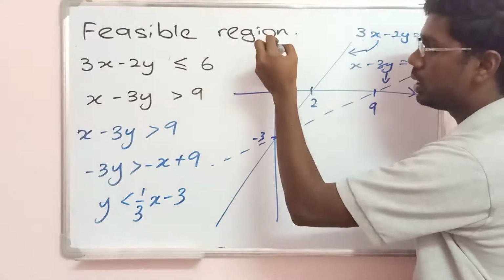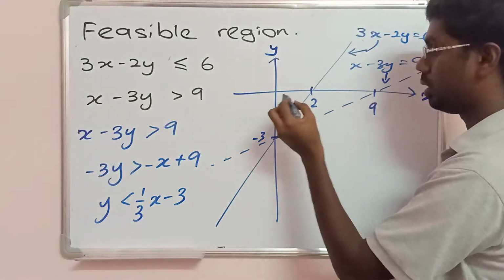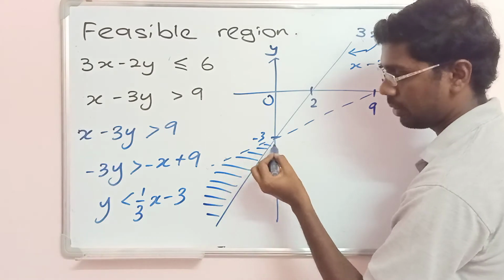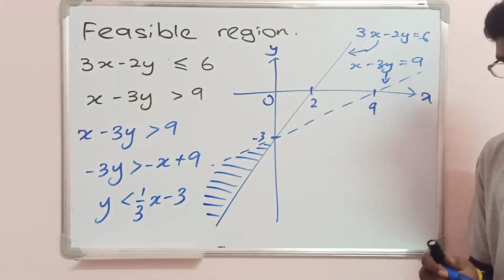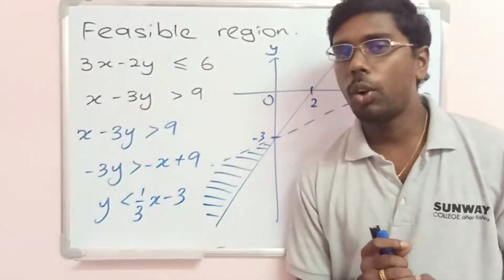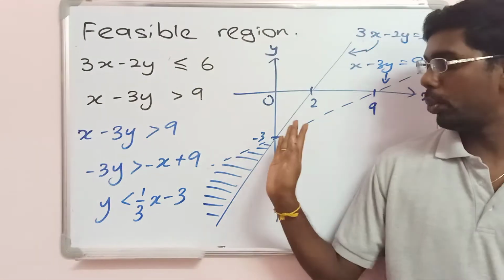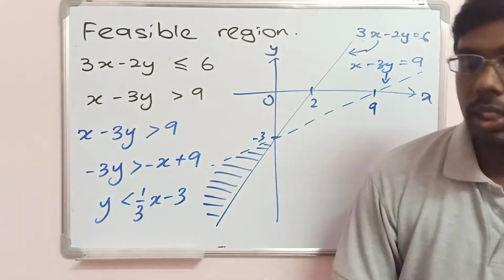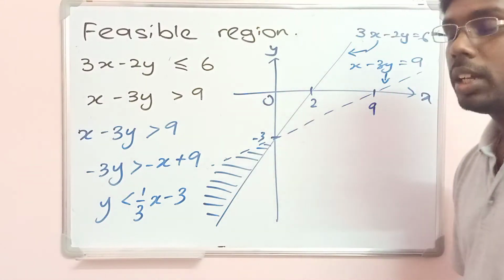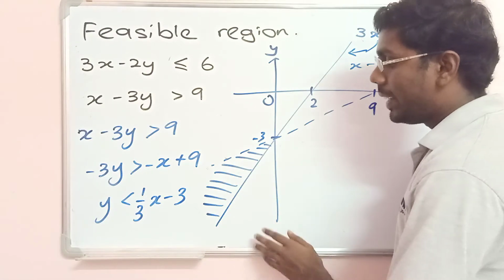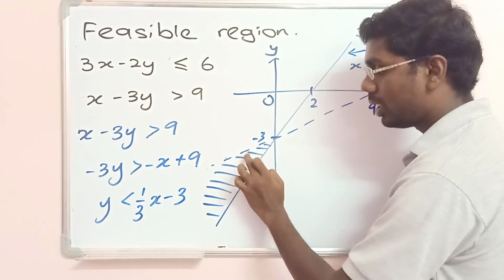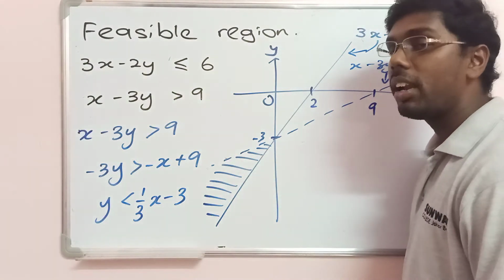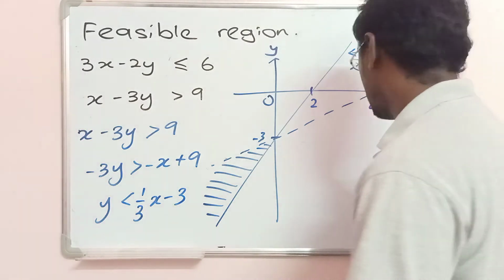And just now the feasible region is going to be, so here is your feasible region. If you notice, just now we had only one equation, so we had only one feasible region. When we have two equations, the feasible region will be the region that satisfies both equations. It must be satisfied by both equations, then we call that a feasible region.